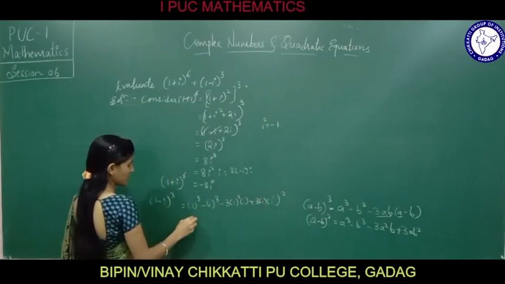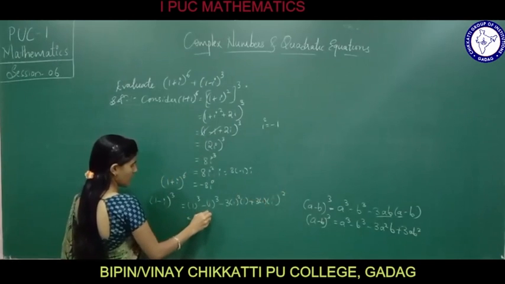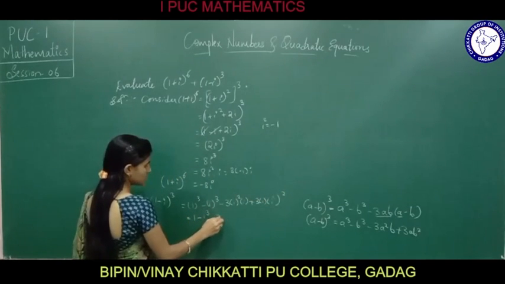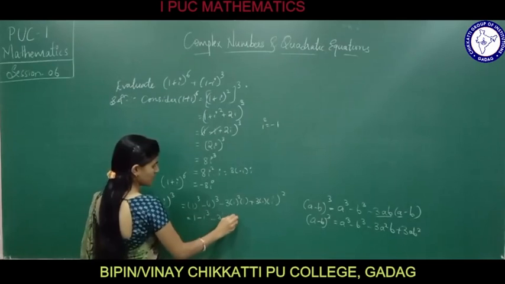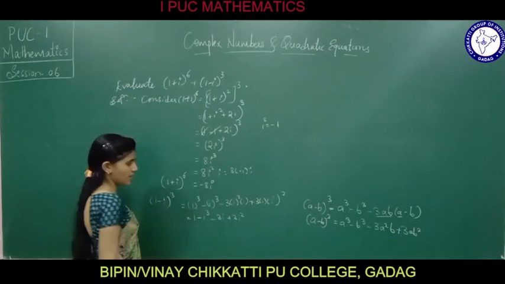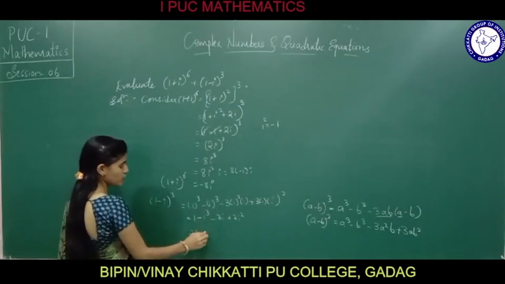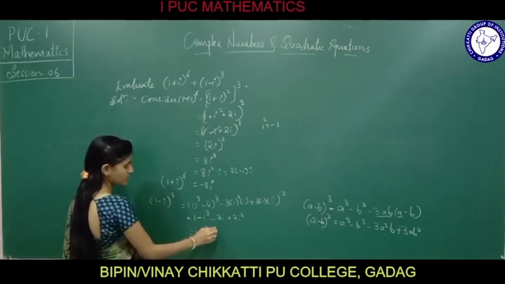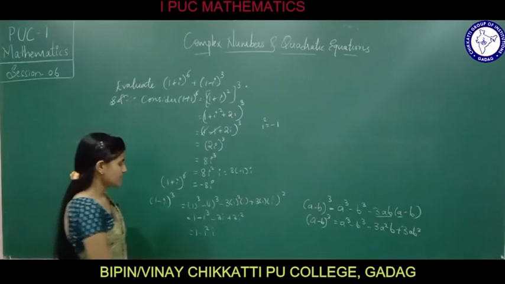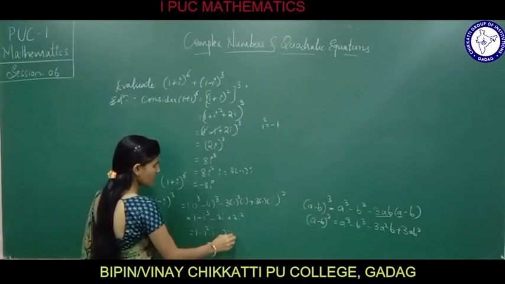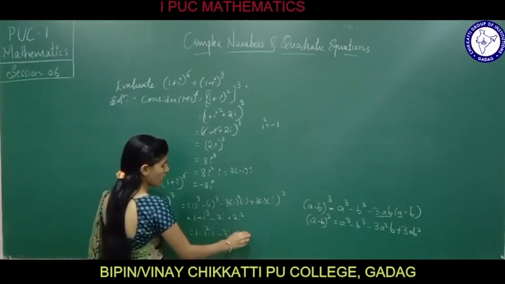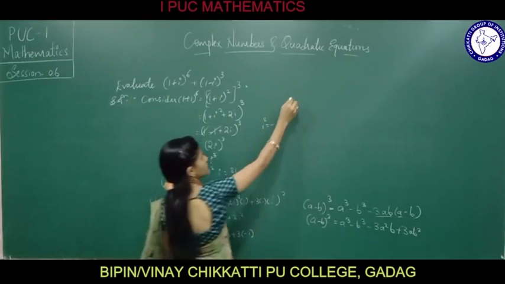This I am going to write as 1 − i³ − 3i + 3i². Here, i³ can be written as i² into i. Next, −3i + 3 into, we know i² is −1.